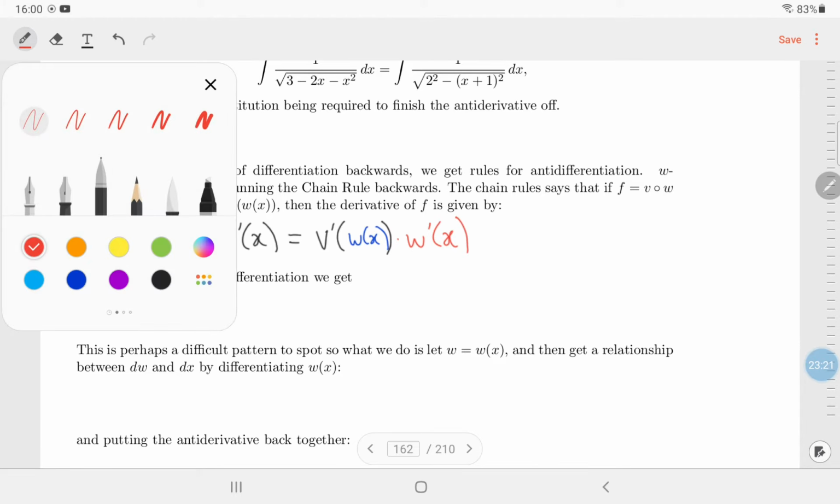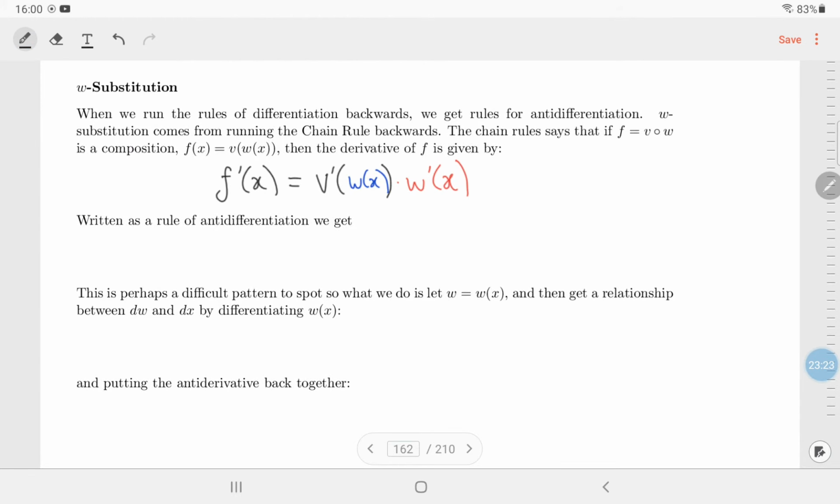So written as a rule for anti-differentiation, we get that the antiderivative of v dashed of w of x times w dashed of x, maybe just to reiterate, this is me differentiating v of w of x, so that f dash of x doesn't really belong there.